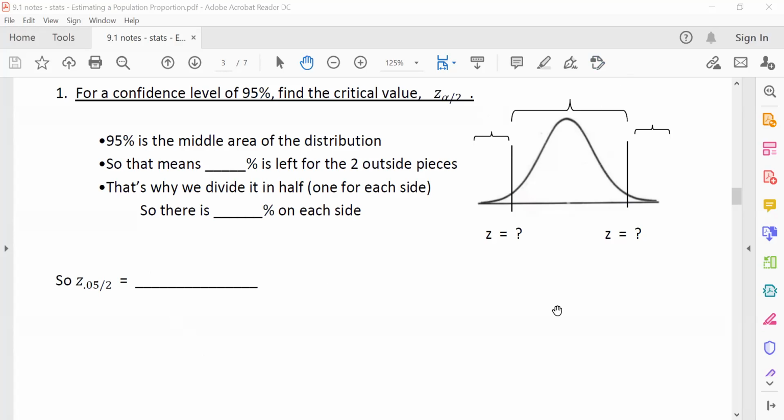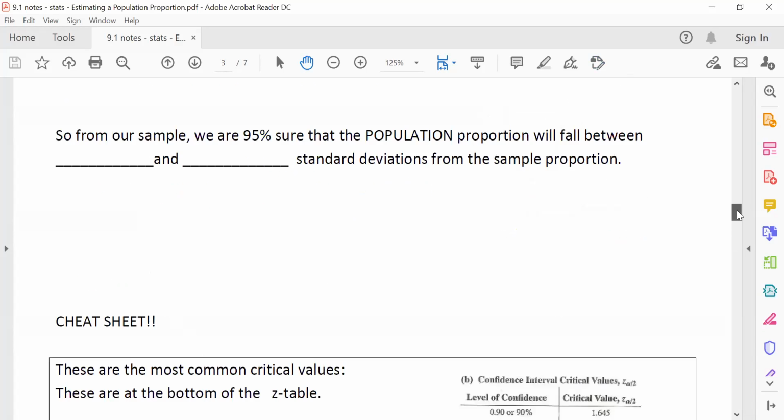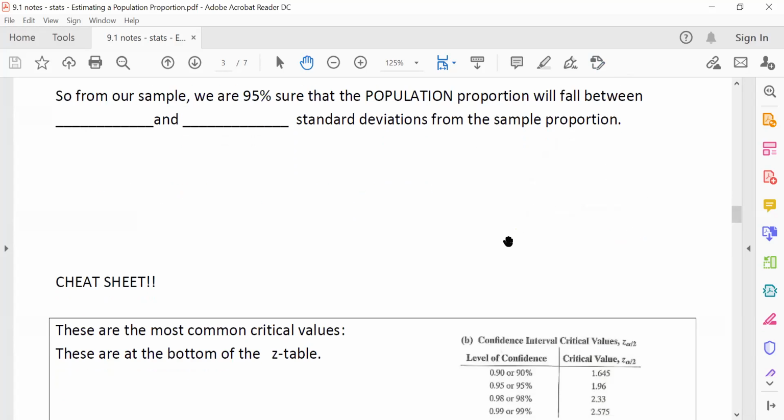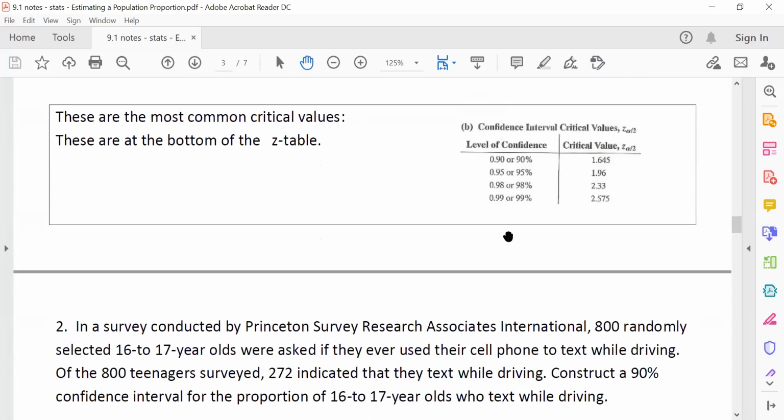So 1.96 is our z-score. This is a little cheat sheet for you. You can reference it in your mind if you can memorize these.